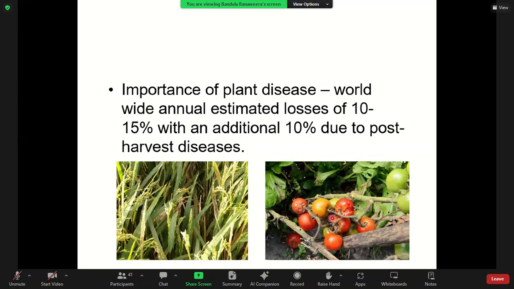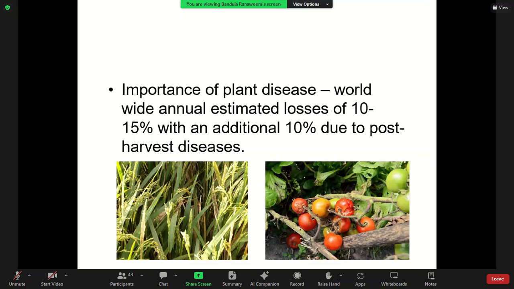Here the direct loss, direct damage, and in this crop the damage is indirect because the disease is not affecting the harvested part. But whether it is direct damage or indirect damage, the yield loss is obvious, and sometimes maybe even though the damage is indirect, the yield loss will be very high. So whether it is direct or indirect, we need to control the diseases.